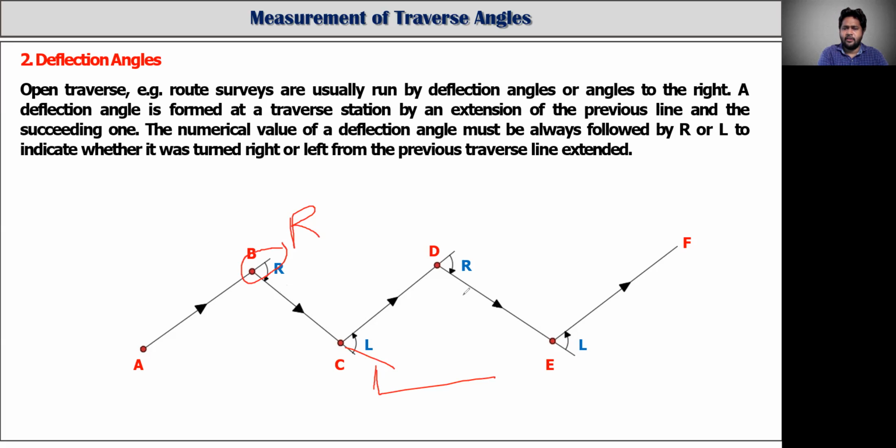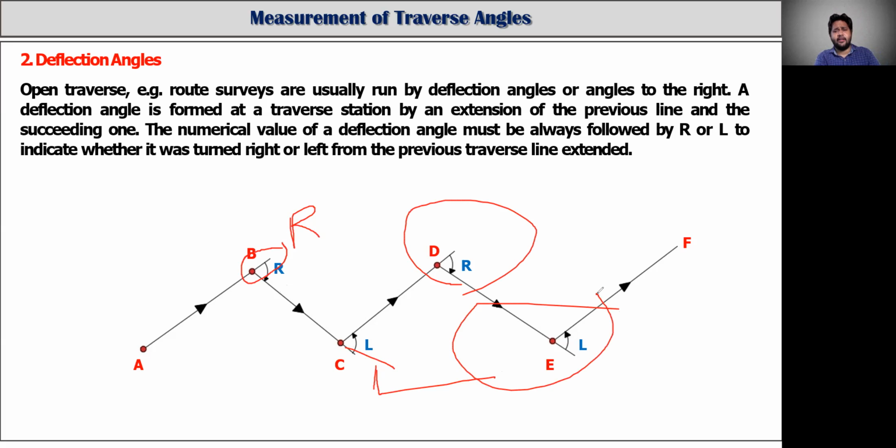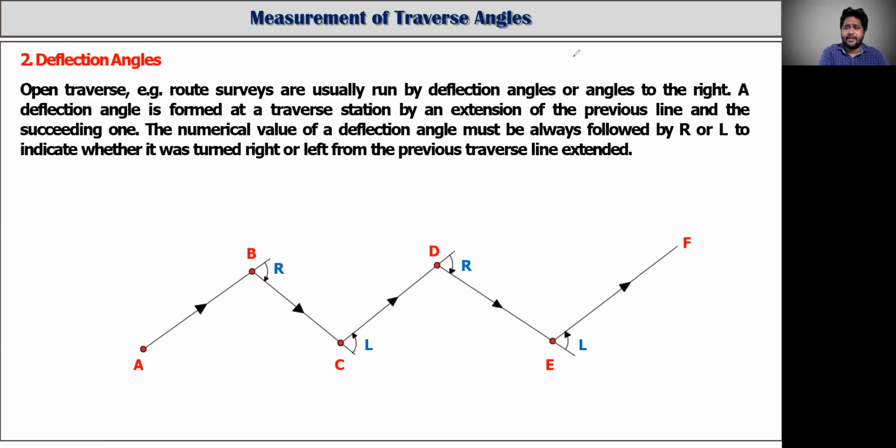In a similar way, at station D, it has been extended for right and left. So this is called deflection angles. Whether you are deflected towards right or left, it will be a deflection angle of an open traverse.